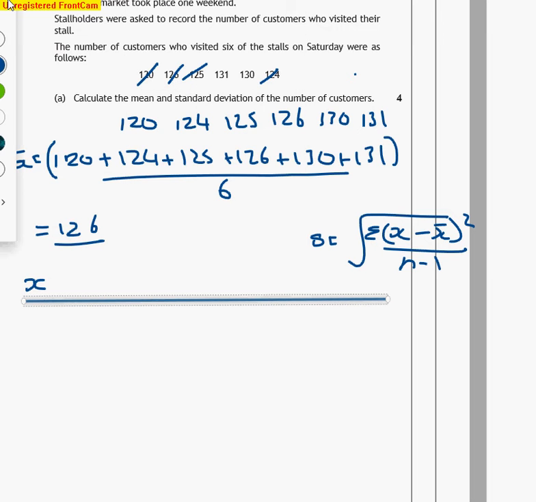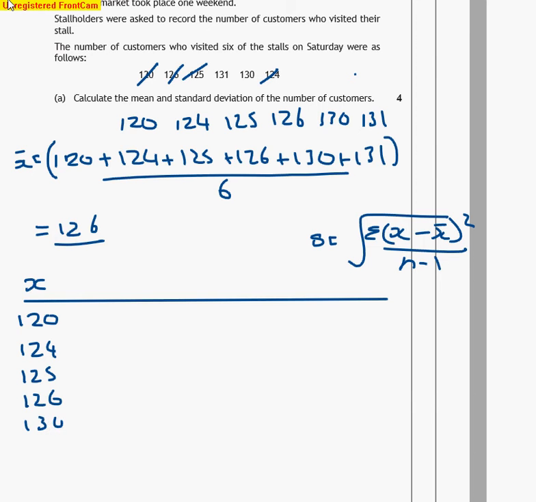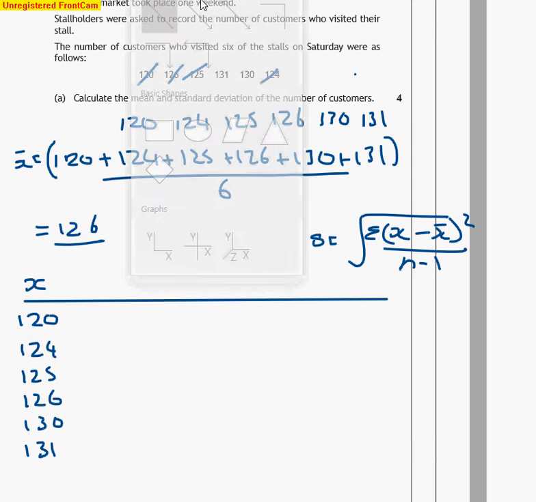Okay, so we've got all our x numbers, which are just the numbers we're given: 120, 124, 125, 126, 130, and 131. Again, this is why I like writing in this order. The numbers just look nicer, and I think it's easier to make a mistake when you don't have it like that.